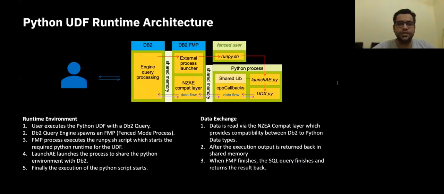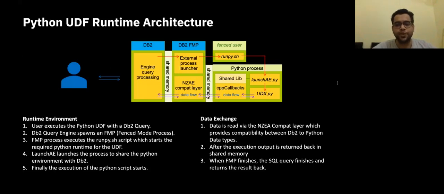When the engine query processing figures that out, it launches or spawns this FM, which in turn is our UI script, which is responsible for setting up the required Python environment that will be used to execute your Python logic.